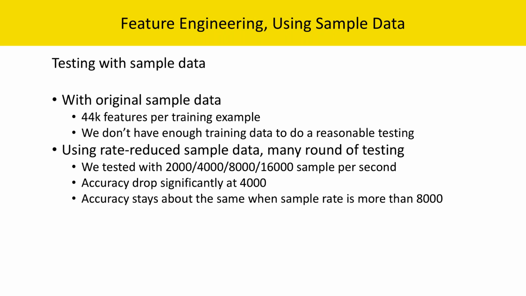So to start with the sample data, right? We tested with the original one and found we don't have enough data, and then we tested with reduced sample data. We did many iterations with sample reduction to the 2,000 level, to 4,000 sample rate, and 8,000 and 16,000. I want to mention this because I want to emphasize the point that we actually don't know which one works better.